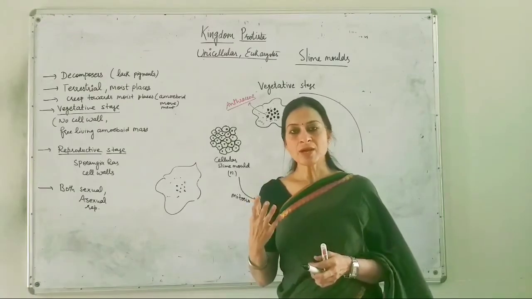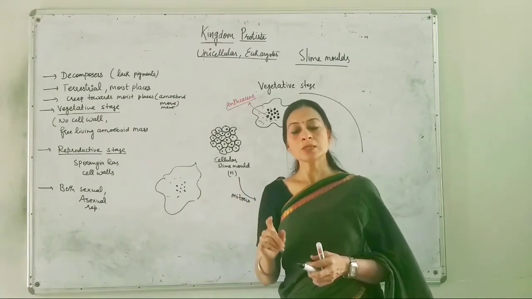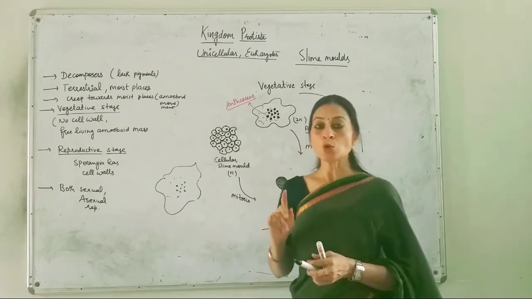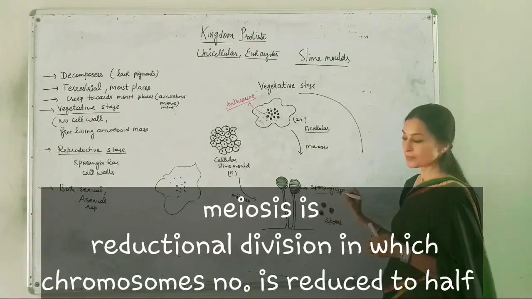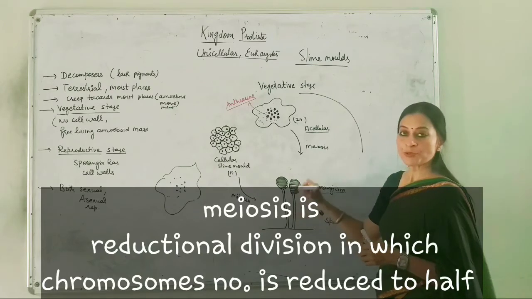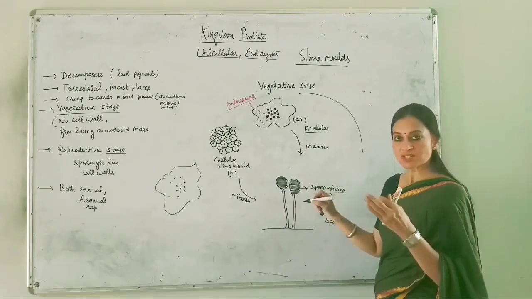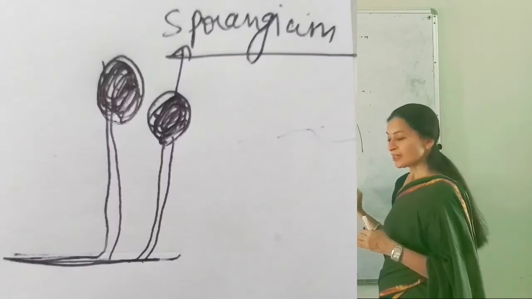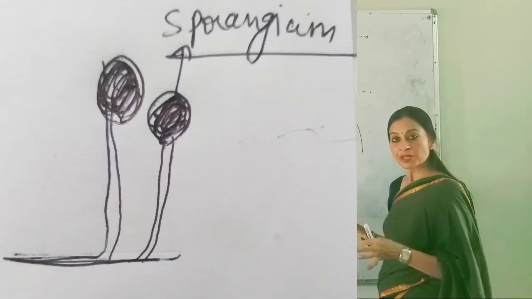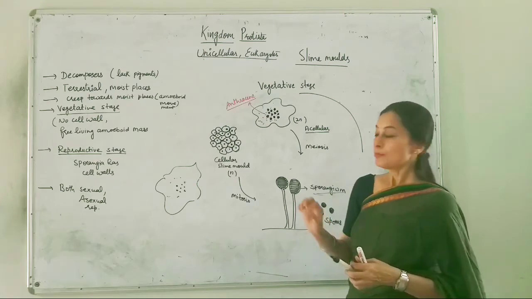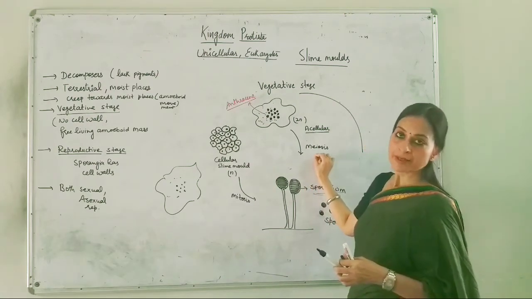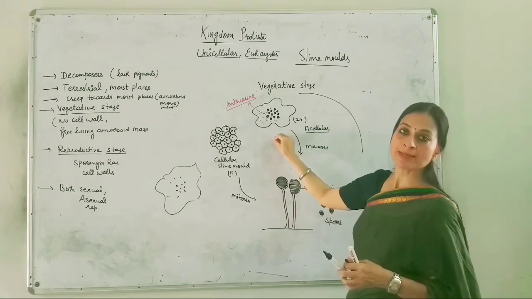That's why it will undergo the meiosis process to produce haploid structures known as sporangia. These are the spore producing structures. Spores are thick walled structures. So all this sporangia will be produced by meiosis in this acellular slime mold.